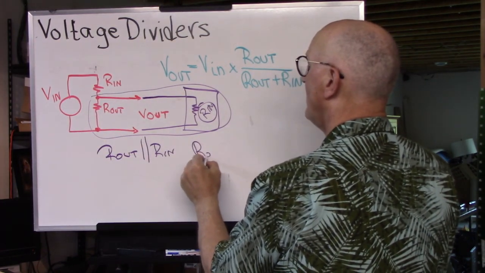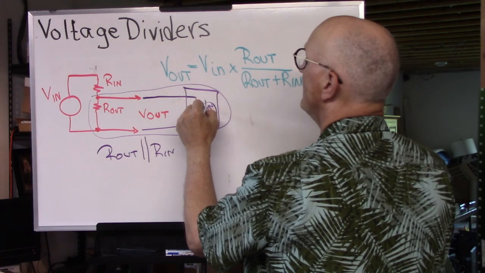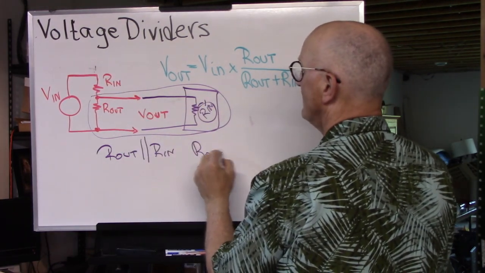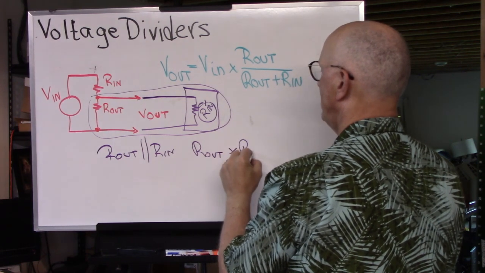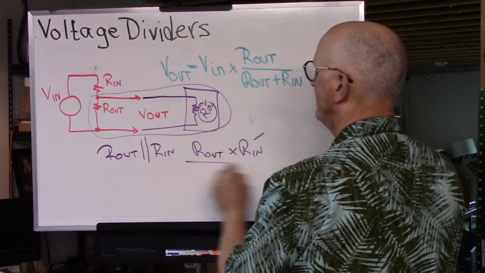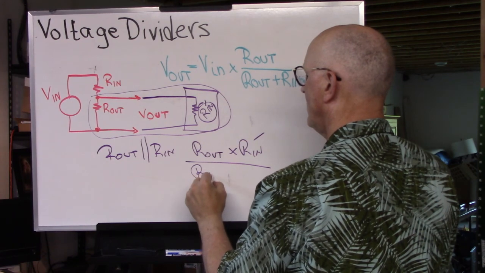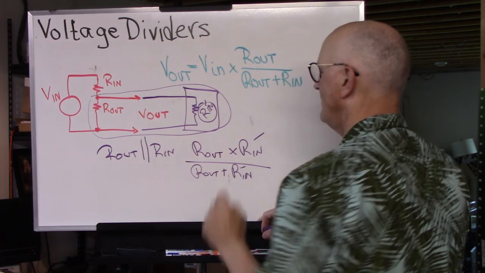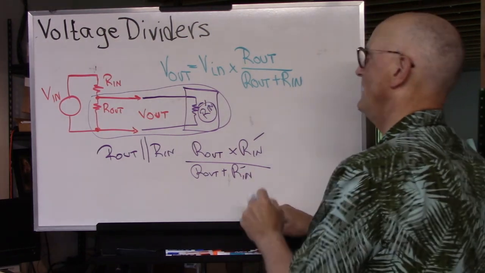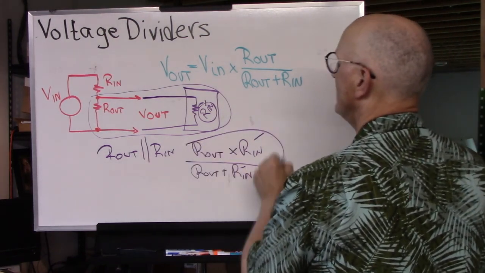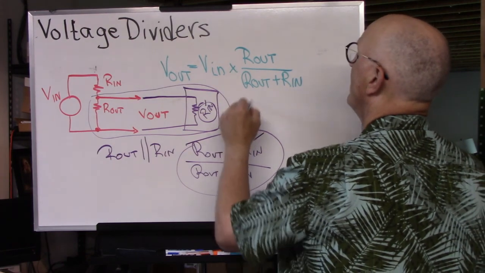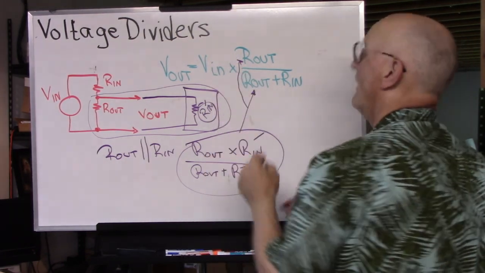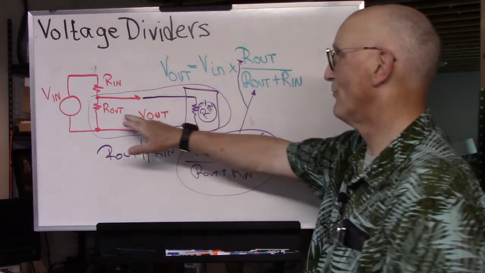So you have R out, I'm going to call this R in prime so we don't get confused with that one. R out times R in prime divided by R out plus R in prime. Remember, this is a parallel resistor combination. And you take this value here and stick it in here for R out in order to find the real output.